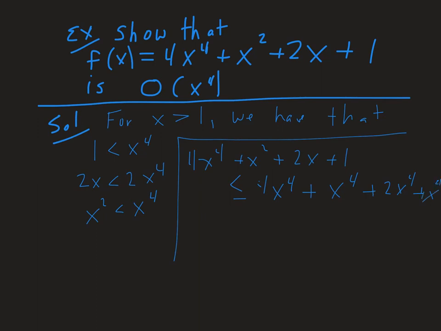And so for those last two, all I did was use the fact that 2x is smaller than 2x to the fourth to make this replacement, and 1 is smaller than x to the fourth to make this replacement. And so when we add everything up, this is going to turn out to be equal to, let's see, 4x to the fourth plus 1x to the fourth is 5, 6, 7, 8.